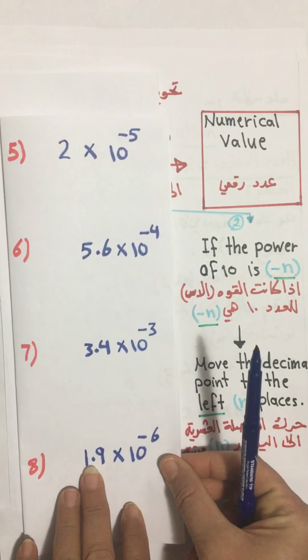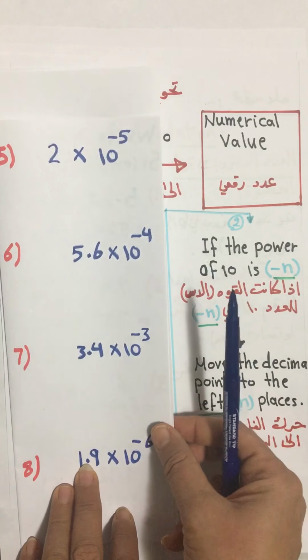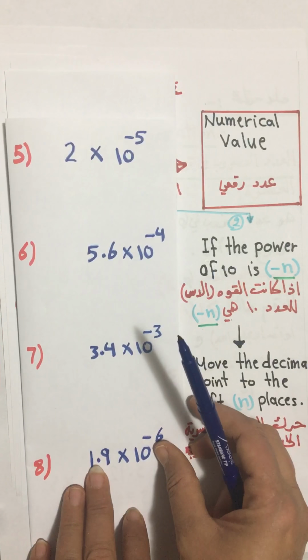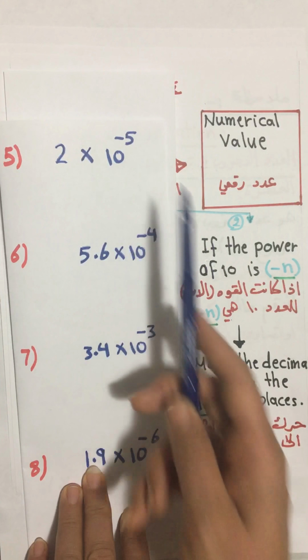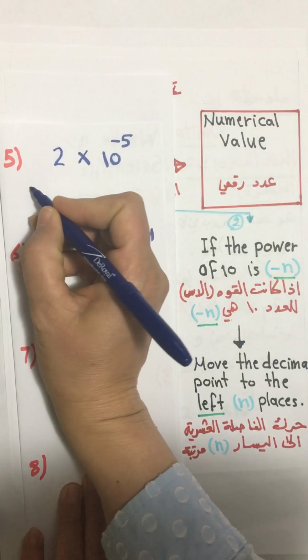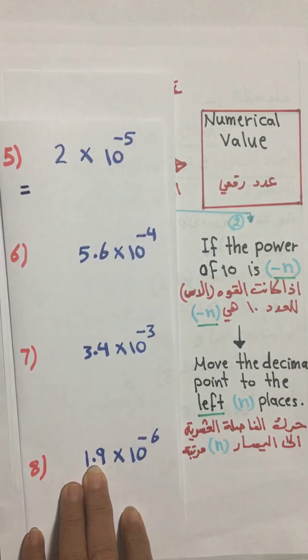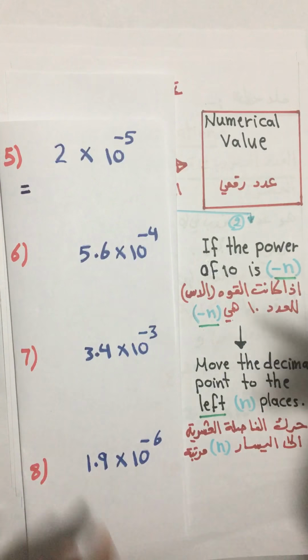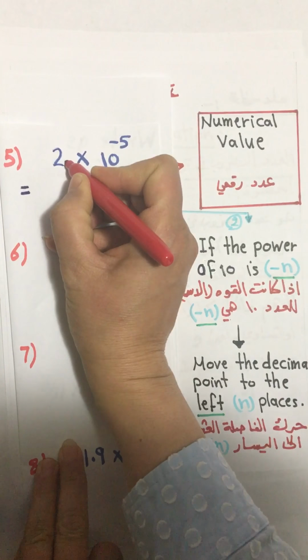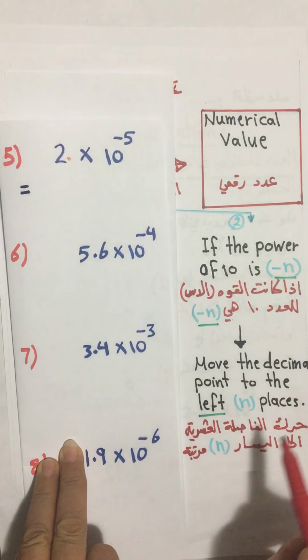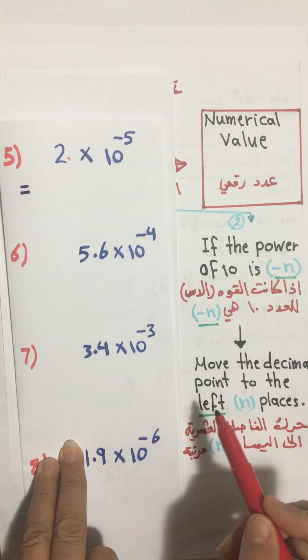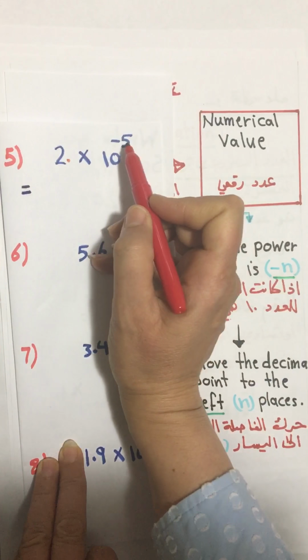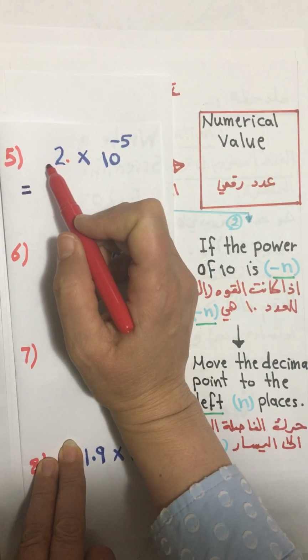2 times 10 to the power negative 5. The decimal point is right here. Move the decimal point to the left n places. n is 5, so 5 places.